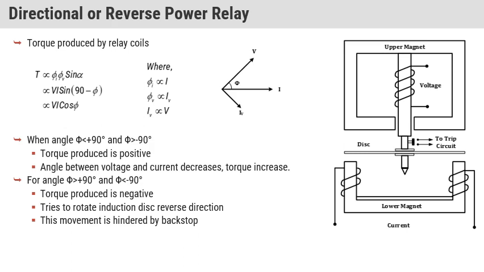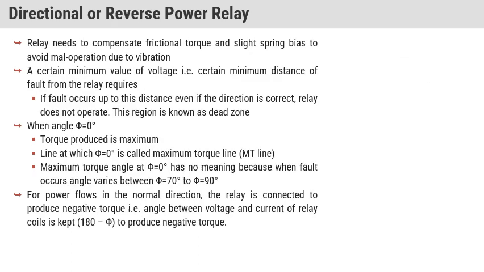This movement is hindered by the backstop. The relay needs to compensate for frictional torque and a slight spring bias to avoid malfunction due to vibration.